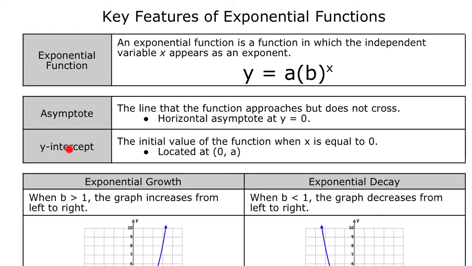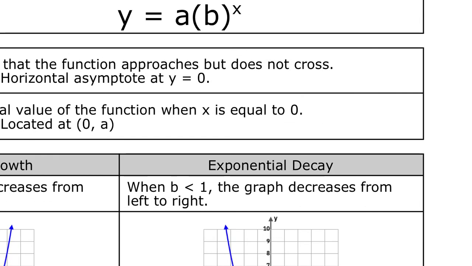Okay, here's a familiar one, y-intercept. This is the initial value of the function when x is equal to 0. Or when you're looking at a graph, it's where the function crosses the y-axis.